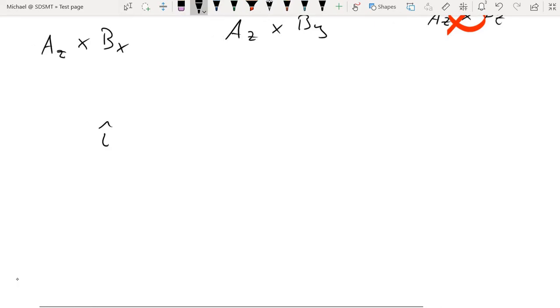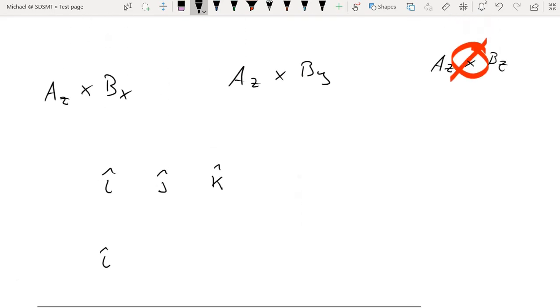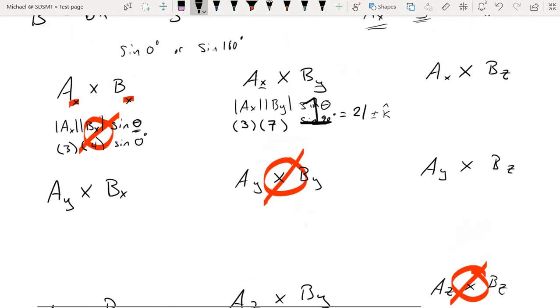We have our I hat, j hat, and k hat directions. And IJK, that is alphabetical. And if you can remember your alphabet, you can evaluate your cross products. We'll start with exactly what we had up above. We had AX cross BY.